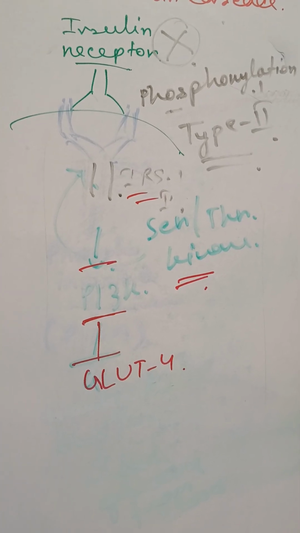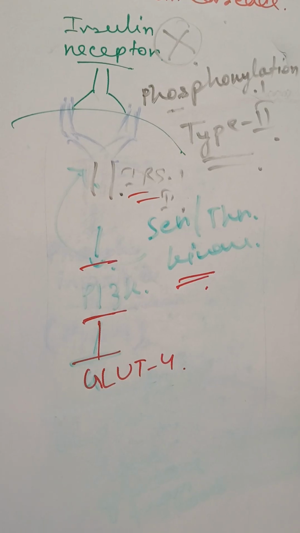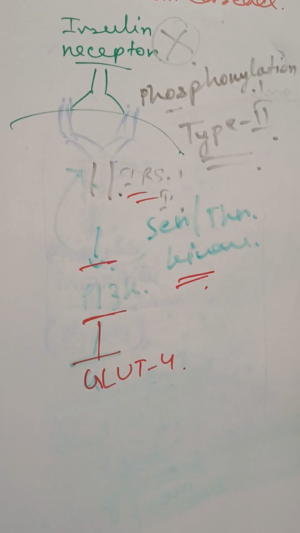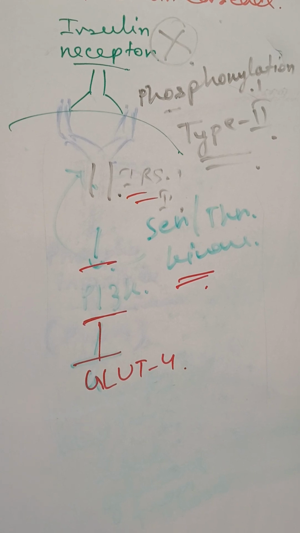Due to that, the whole downstream process becomes inactivated, and the blood glucose level increases to a higher level, which causes hyperglycemia, and that causes type 2 diabetes mellitus, also known as maturity onset diabetes mellitus.